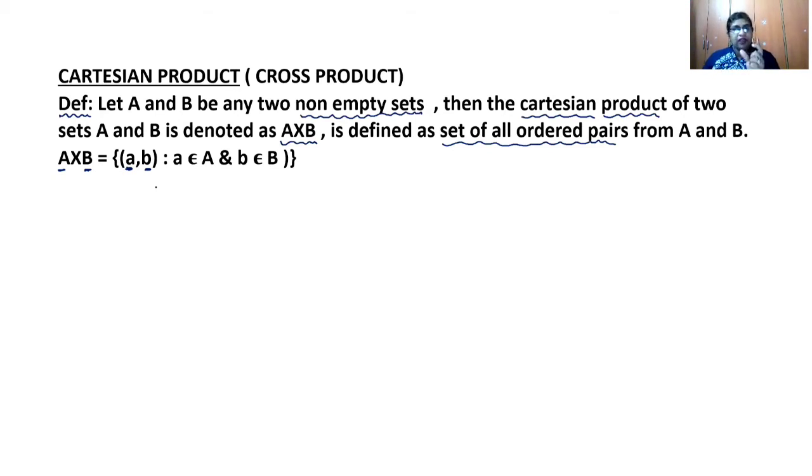When we mark a point on the Cartesian plane, we check which is the x coordinate, and then we check the y coordinate, and then we mark the point. Exactly the same here. This is the Cartesian product of two non-empty sets, and the non-empty word is important. It is defined by writing all the possible ordered pairs of A cross B.